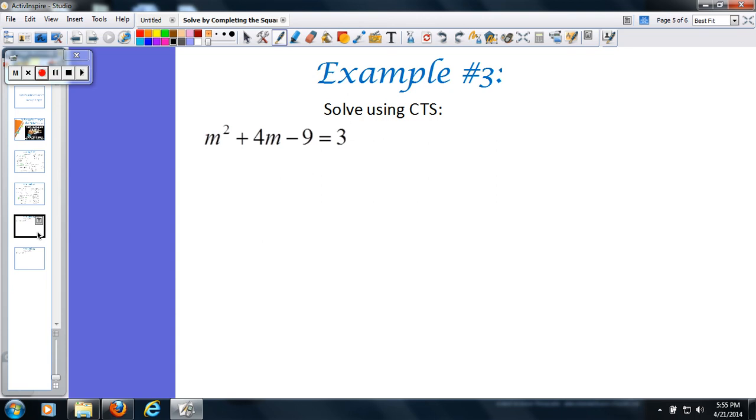And it also means example number 4, you need to do on your own. I will be randomly calling on somebody to do these two examples at the beginning of class for the warm-up. So be ready to go. And the other thing is, make sure that the completing the square 1 worksheet is done. Write down any questions you have, and also write down any steps.